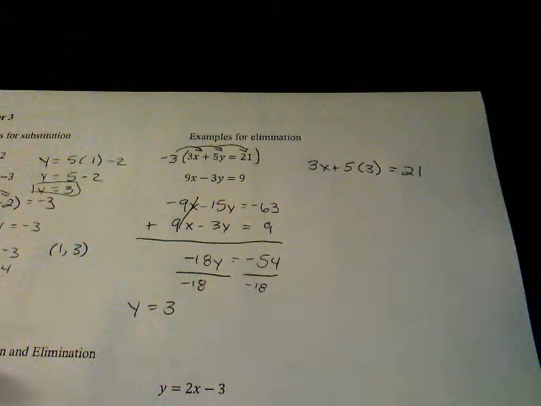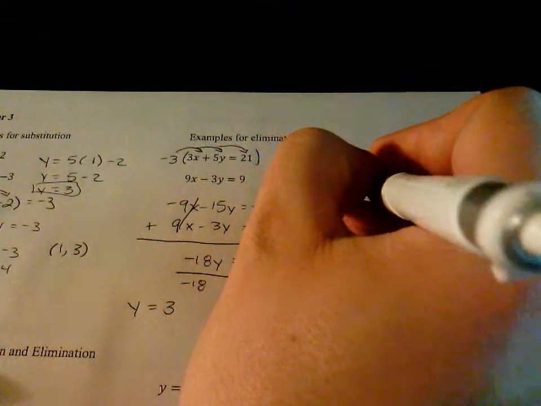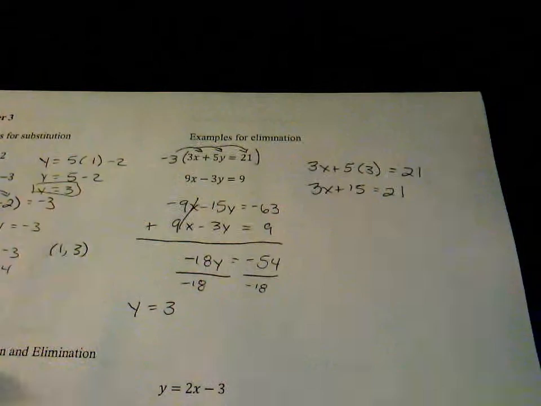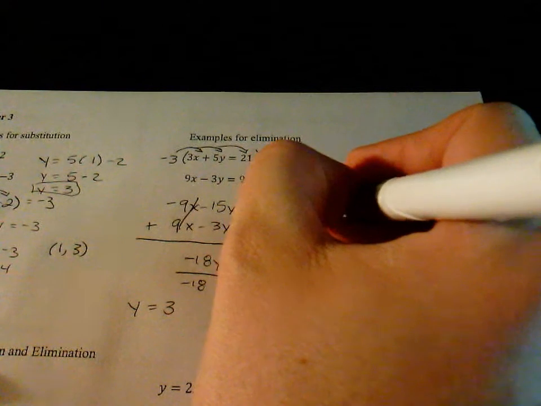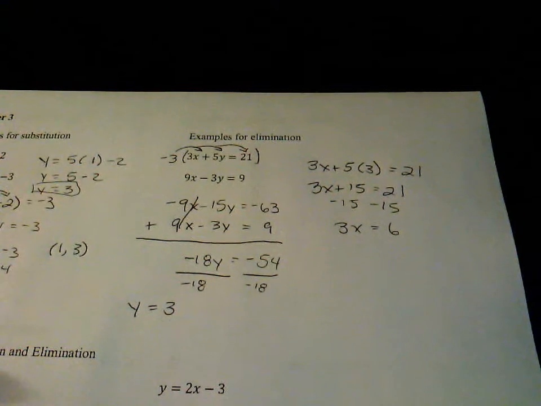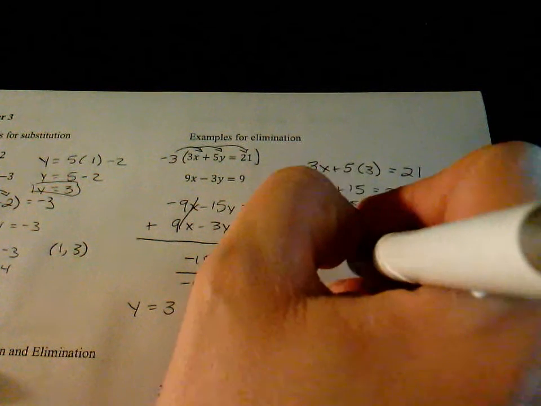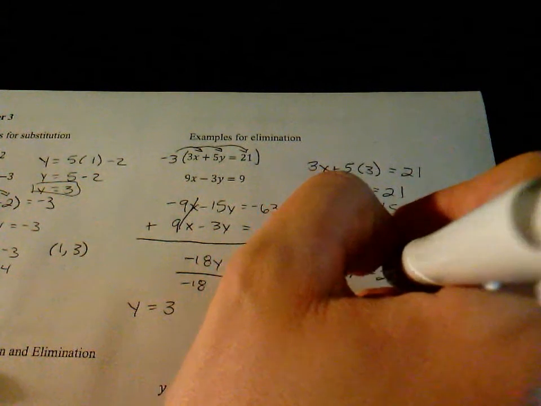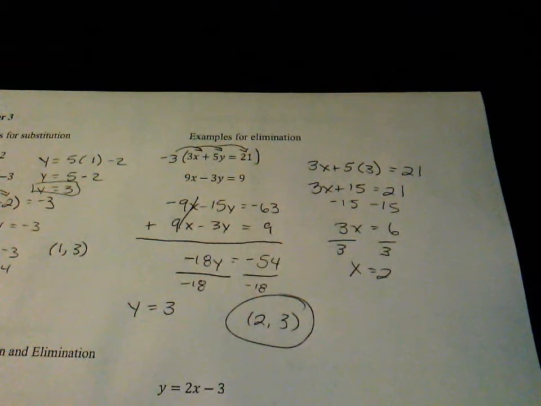Okay, so then we get 3x plus 15 equals 21. Get rid of the 15. Get 3x equals 6. And finally divide by 3. You get x equals 2. So your final answer would be 2, 3 on the test.